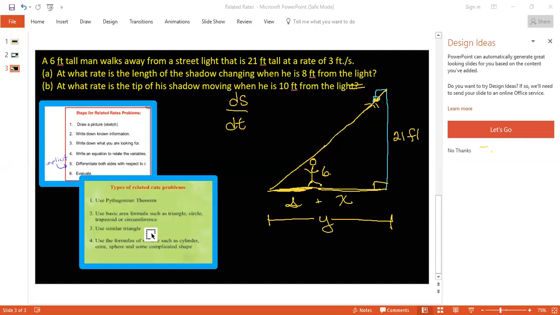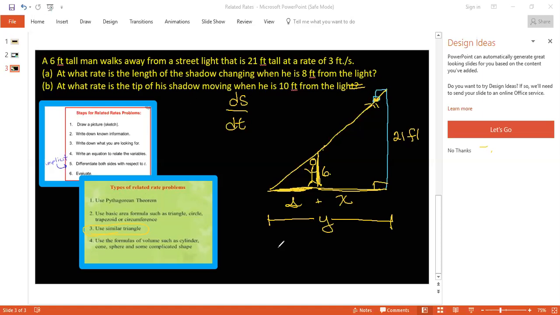And I'm going to go with, because I have this triangle with the man, which really starts here. So we'll go like that. So I have this triangle with the 6 foot, and then I have this big triangle with the 21 foot. So I'm going to go with using similar triangles for this one.